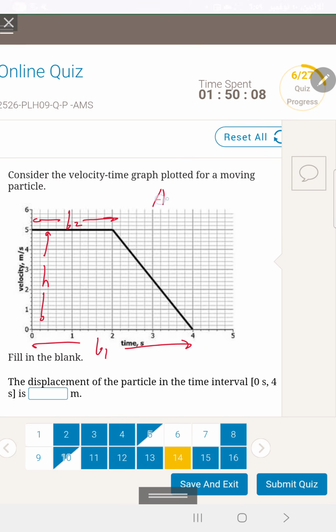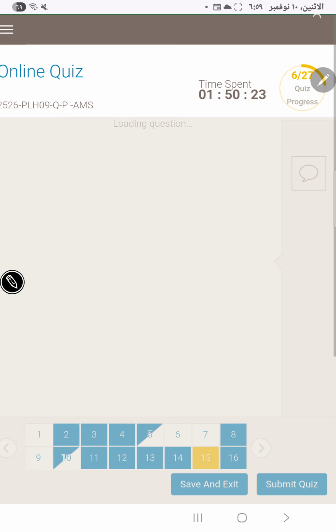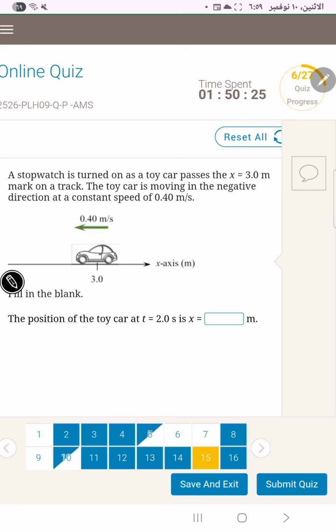So area is equal to base 1, which is 4, plus base 2, which is 2, divided by 2 times the height, which is 5. Question number 15. A stopwatch is turned on as the toy car passes x equals 3 mark on the track.